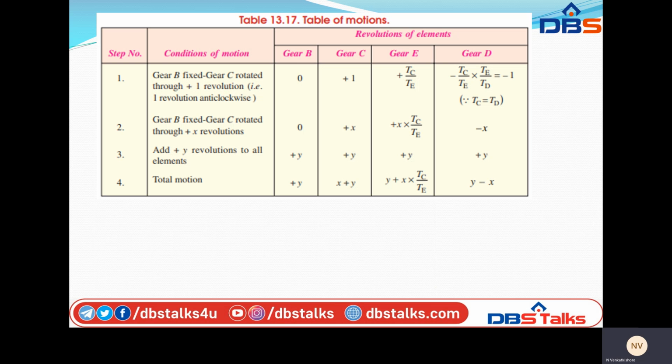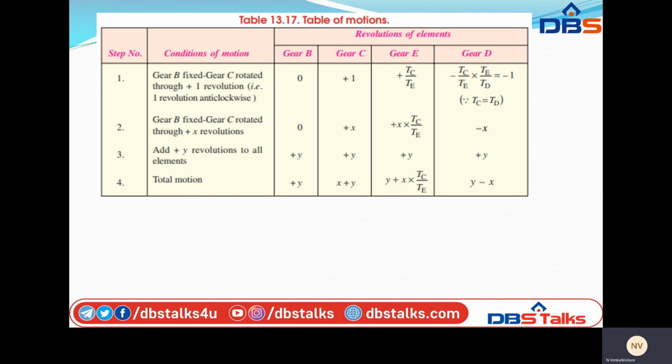Then further, we have the tabular method. We already discussed that an epicyclic gear train has a tabular method and an algebraic method of solving, but in most cases we use the tabular method only. So what is the tabular method? One is fixed. So here the gear B is fixed. The table looks like this.